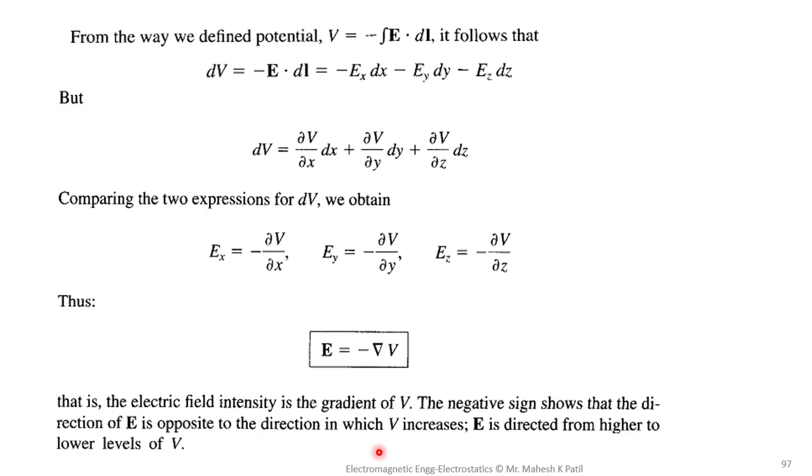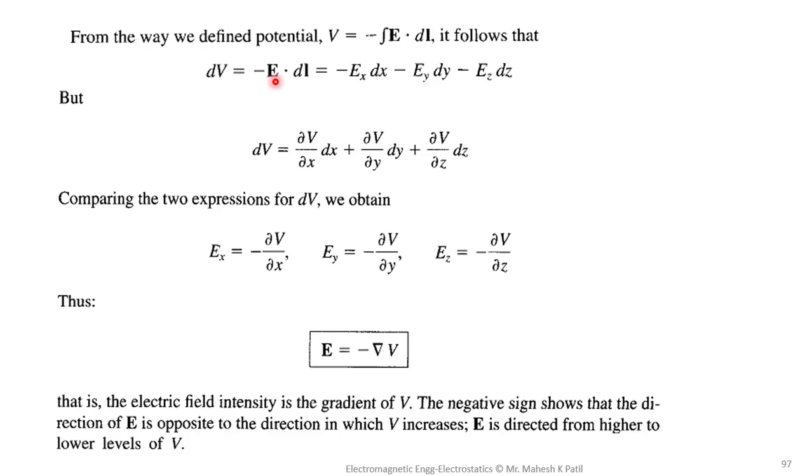Now we'll consider the potential as V equal to minus integration of E bar dot dl bar, as per our already derived equation. Now if I want to write the elemental potential, that is, potential due to a small differential length, then dV is equal to minus E bar dot dl bar.